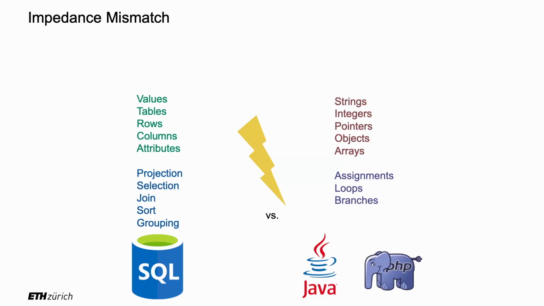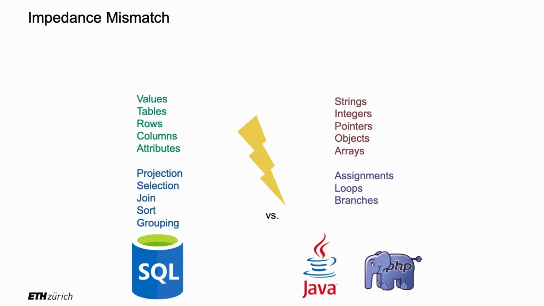In SQL, the words we use should be familiar to you now, because we've been doing that for weeks: values, tables, rows, columns, attributes, projection, selection, join, sort, grouping. All of that you're now familiar with. That is the world of SQL, the relational model and the relational algebra. But when you talk to a Java or PHP programmer, who knows Java?